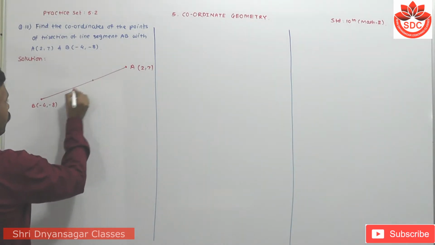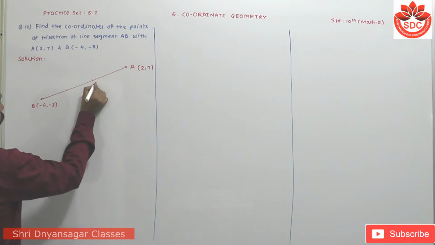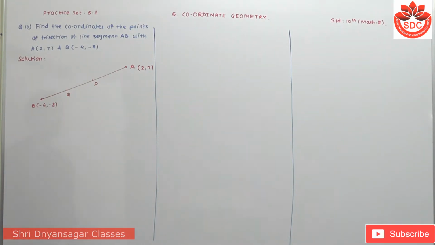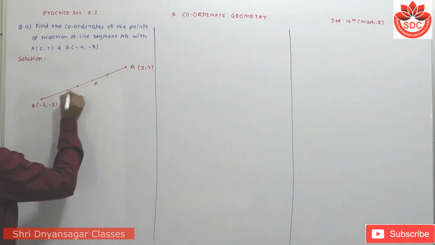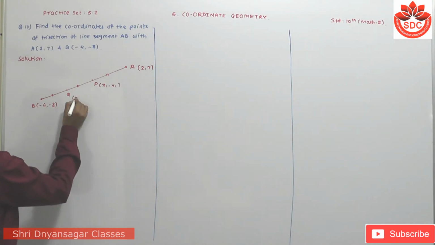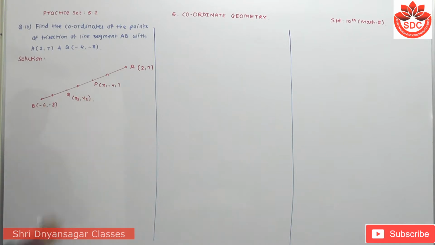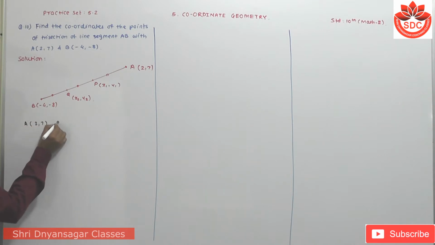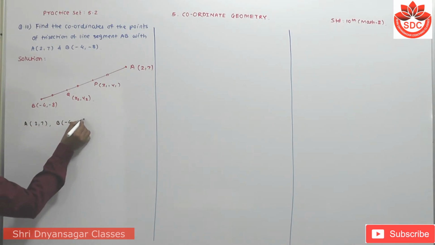Suppose this is the first one and this is the second one. Suppose this point is P and this point is Q. It means the points P and Q are the points of trisection, meaning these three segments are equal. Let this coordinate be (x1, y1) and this coordinate be (x2, y2). Then we have to find the coordinates of these points of trisection, P and Q. So I have taken it this way: A having coordinates (2, 7), B having coordinates (-4, -8).